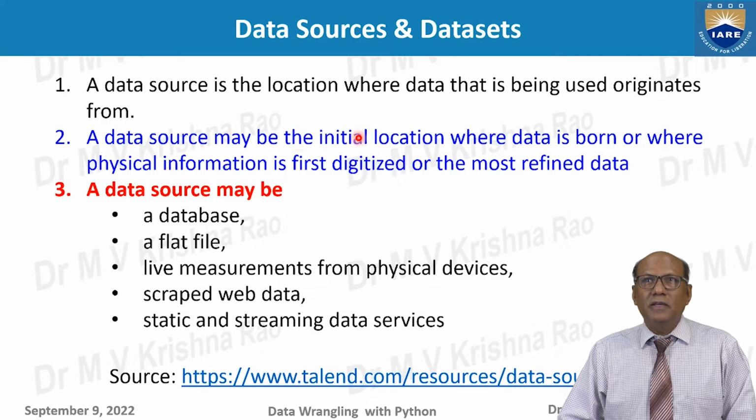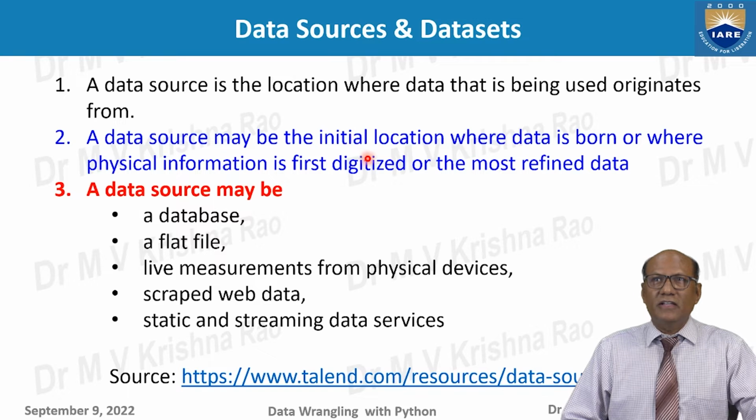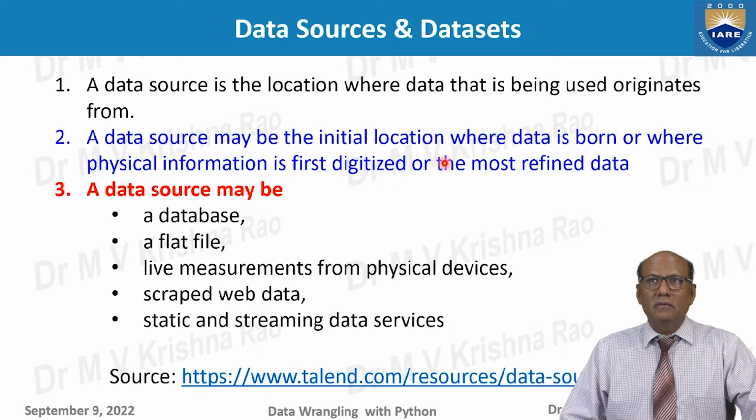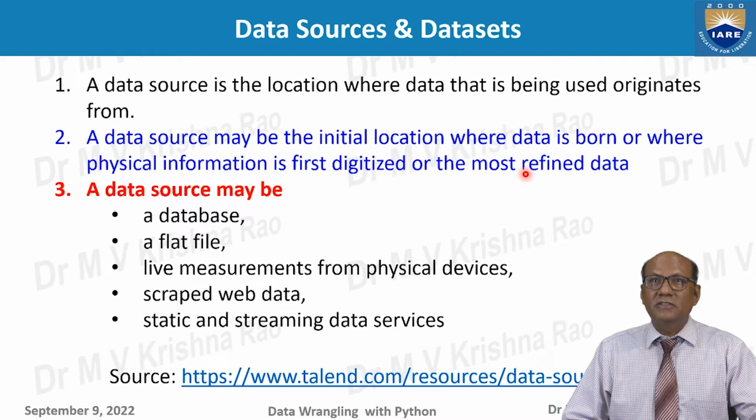A data source may be the initial location where the data is born, or where physical information is first digitized, or it can be the most refined data. That means after cleaning the data, after changing the format of the data, after doing some processing, we get some intermediate data also, or final data. And this final or intermediate data which is processed may be used for further purposes by somebody else.